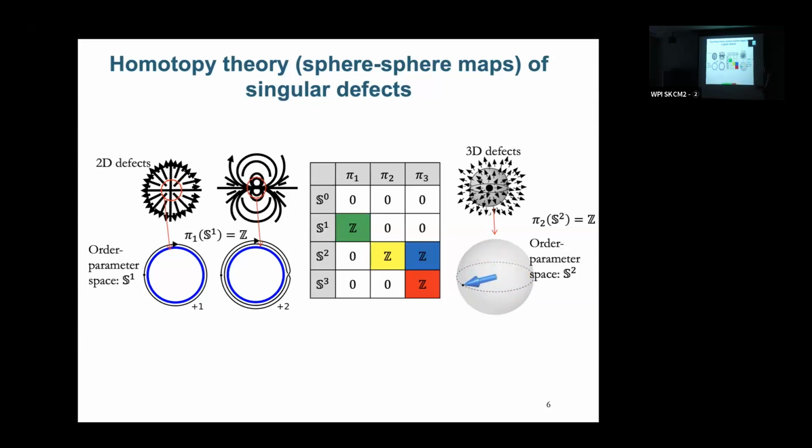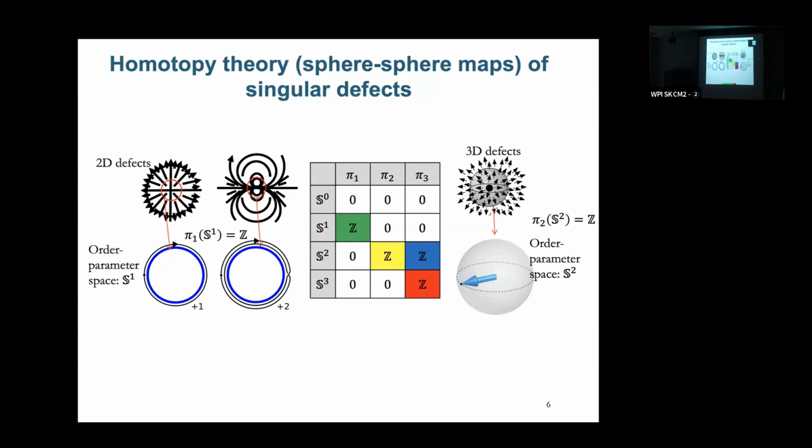As you map from this circle to this circle, you have all possible orientations in 2D of that unit vector, corresponding to all possible orientations on that circle. So you fully wrap it one time, and therefore it can be characterized by an integer, the number of times you wrap it, plus 1 in this case.